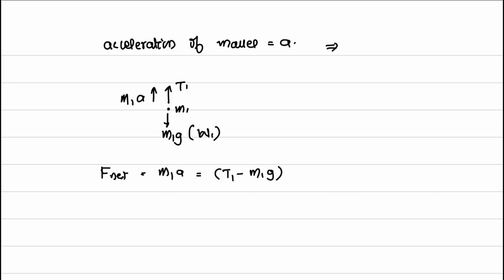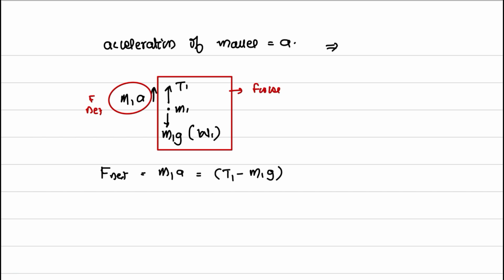Do you agree? These are the external forces, this is the net force. Please try to understand this, very, very important. This is F net. These are the external forces assumed to be acting on the system.